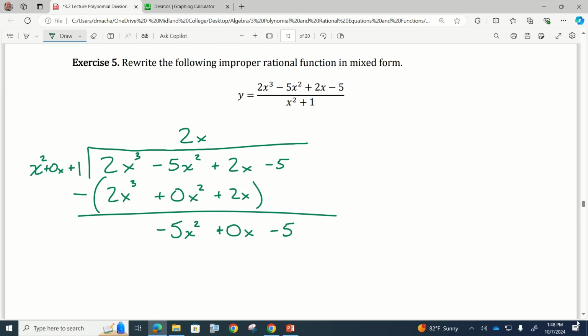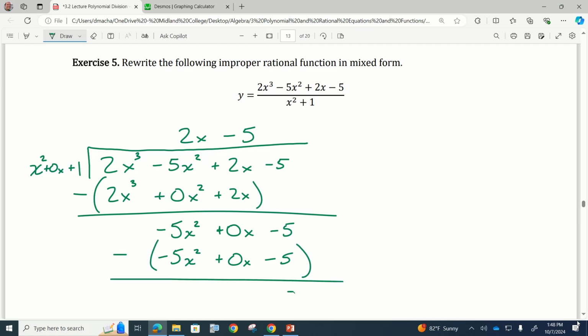Negative 5. So negative 5 times x squared gives me negative 5x squared. Negative 5 times 0x is still plus 0x. And then negative 5 times 1 is negative 5. So I put parentheses around this, and I subtract. I'm subtracting the same thing, so I get 0.